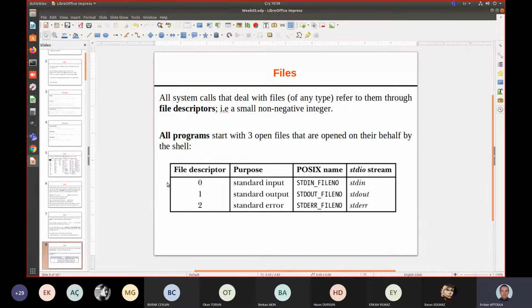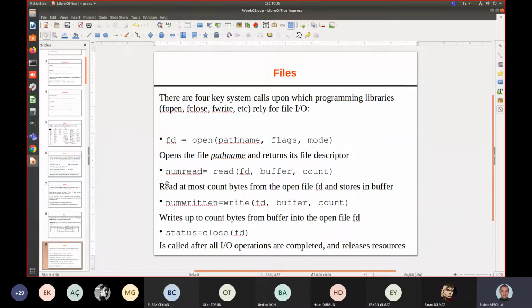Now the key system calls for input-output are open, read, write, and close. They are easy to manipulate. We will take a look into the specific system call parameters in the upcoming slides. But for now, just superficially, what does open do? It opens the file whose path name has been given to it and returns the corresponding file descriptor as an integer. What does read do?